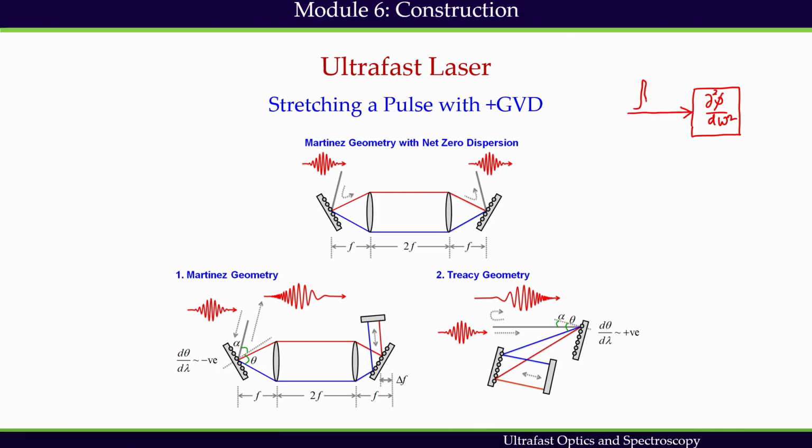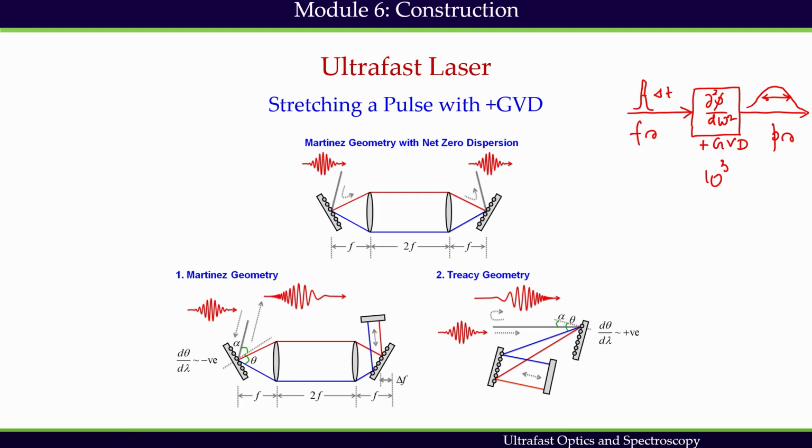So, if I have a short pulse, it can be broadened like this, material dispersion, and it is positive GVD which is responsible for this kind of pulse broadening. However, to increase the duration of the pulse by a factor of 10 to the power 3 to 10 to the power 4, which means if I have femtosecond pulse, I have to get picosecond pulse, the broadening has to be 10 to the power 3 times.